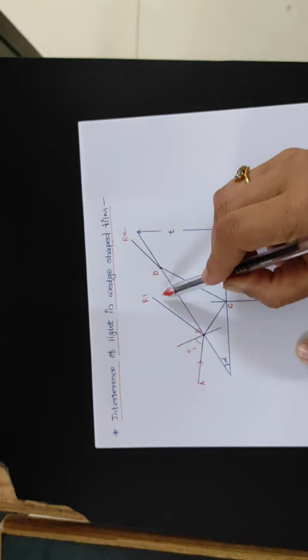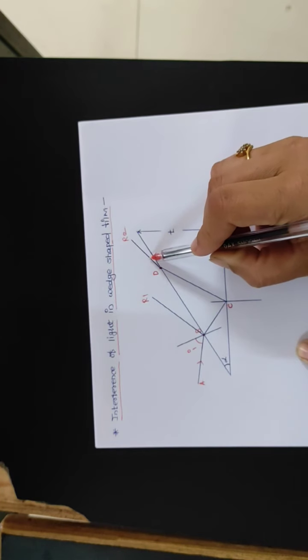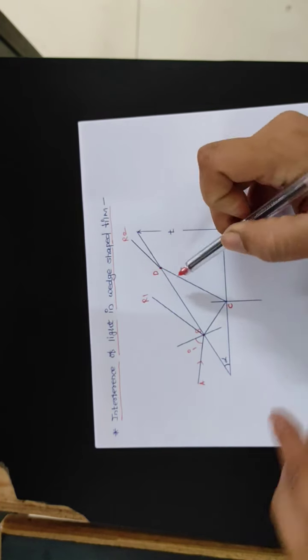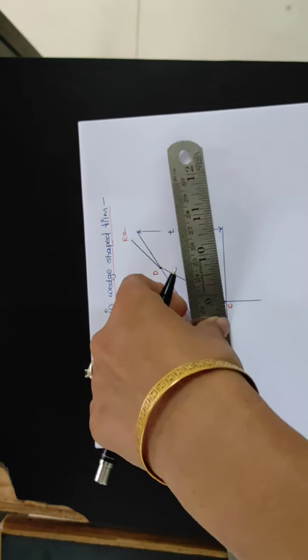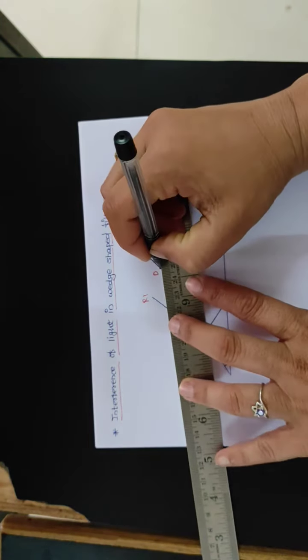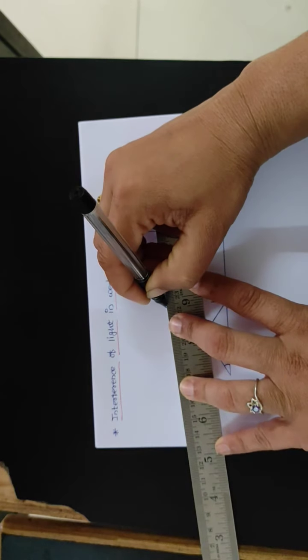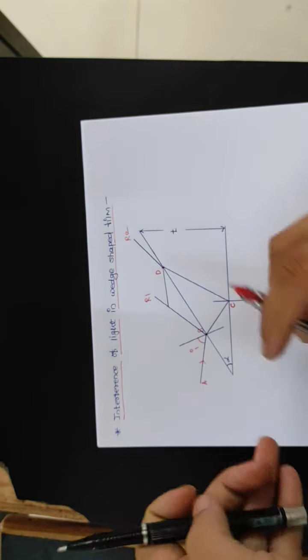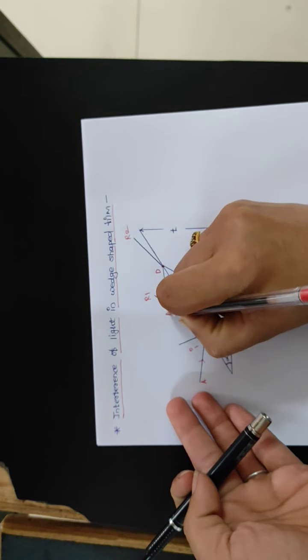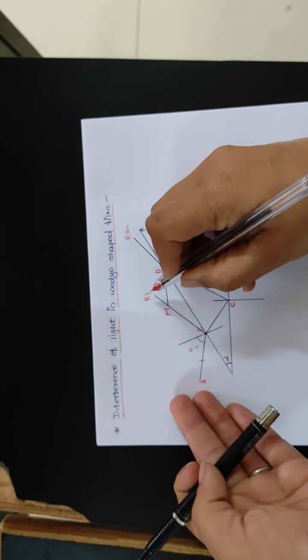Now if we have to find the path difference between these two rays, we have to draw a normal DM on BR1.